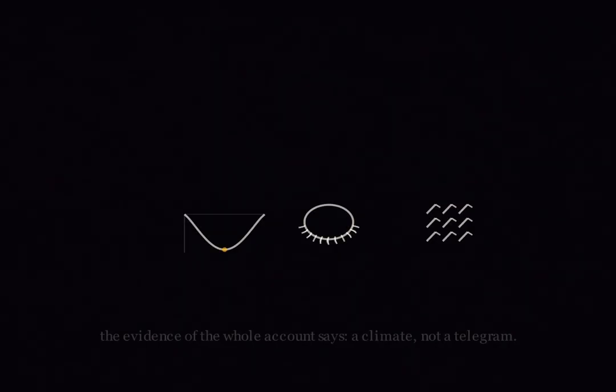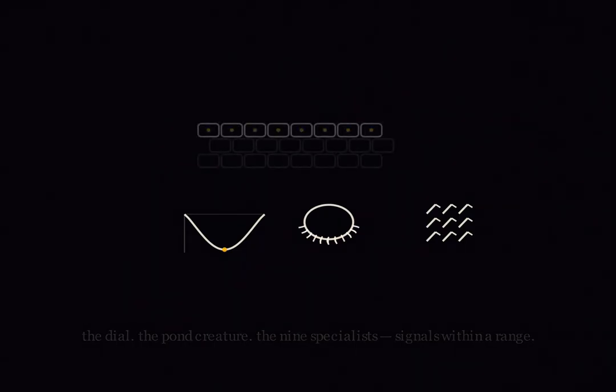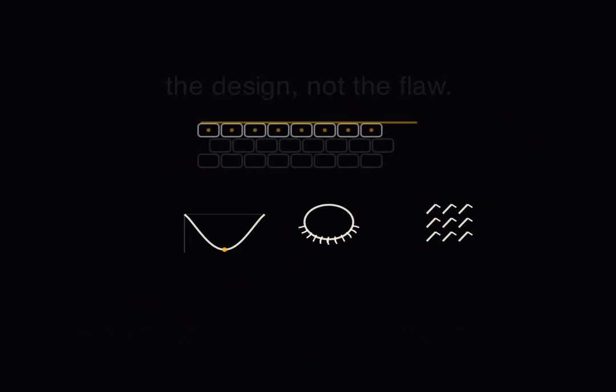The evidence of the whole account says the marks form a climate, not a telegram. The dial, the pond creature, and the nine specialists each show signals that bias and tolerate and work within a range. And that is the design, not the flaw. The only kind of code a structure built to vanish can carry.